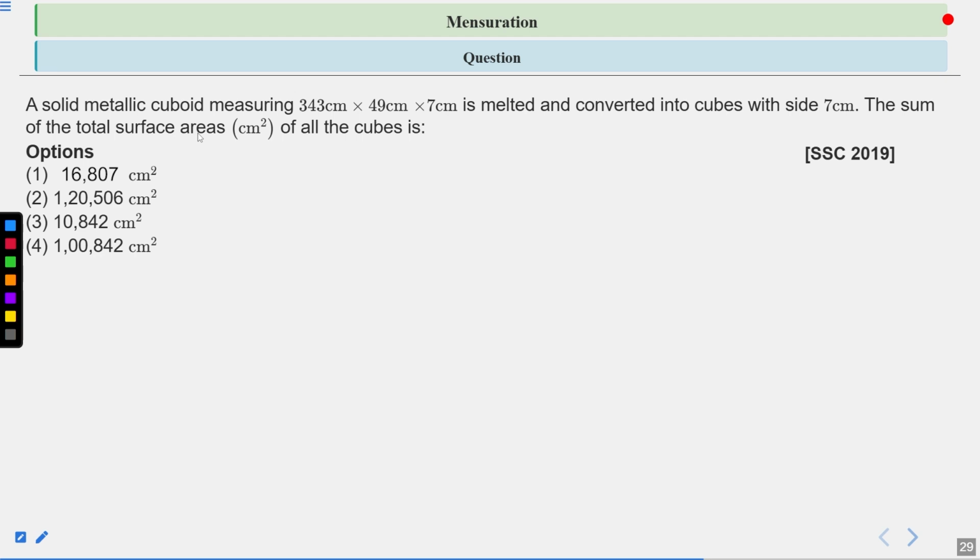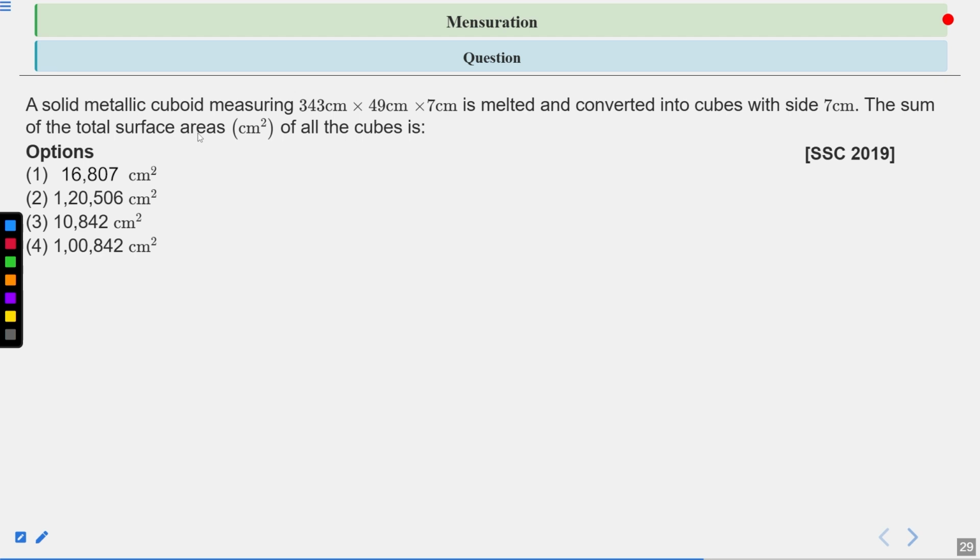A solid metallic cuboid measuring 343 centimeter into 49 centimeter into 7 centimeter is melted and converted into cubes with side 7 centimeter. The sum of the total surface area in square centimeter of all the cubes is. And this question is asked in SSC exam 2019.